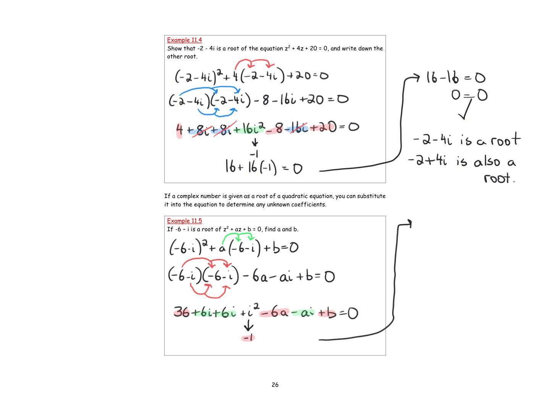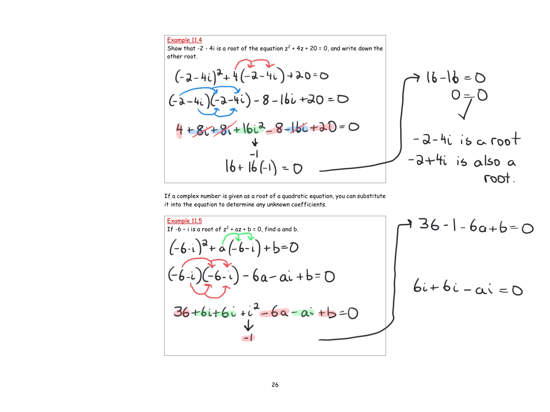I have 36 minus 1 minus 6a plus b is equal to 0. They're all the numbers and they have to all be equal to 0. Similarly, I have 6i plus 6i minus ai, and they have to all be equal to 0.